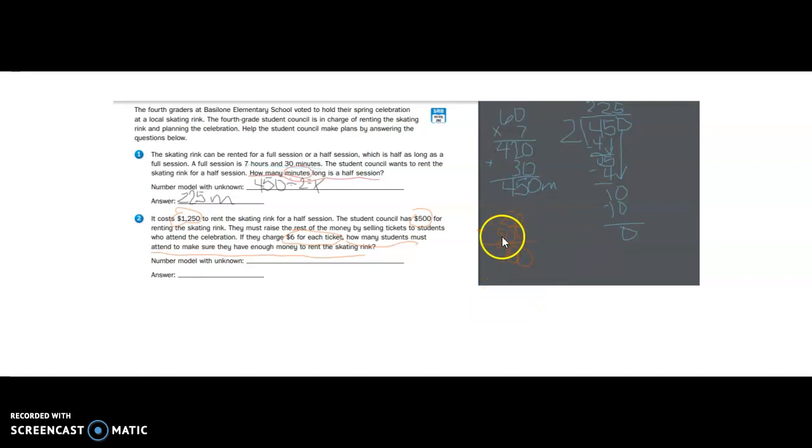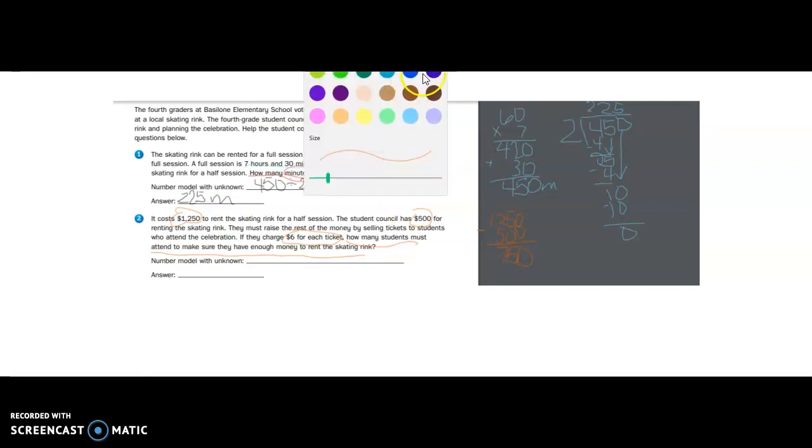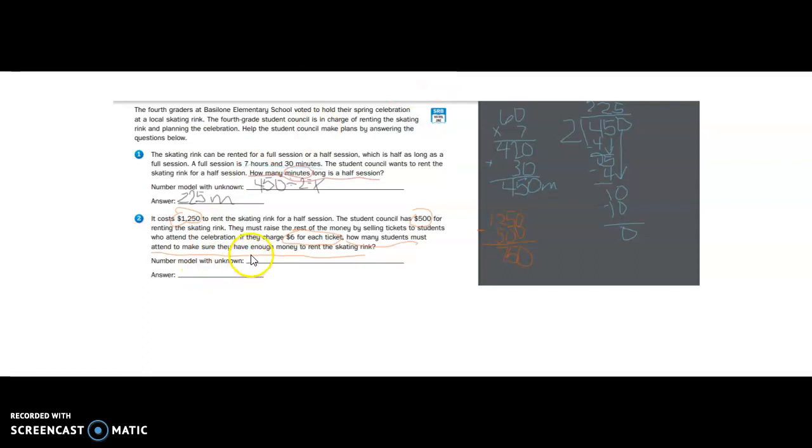So now we have to figure out if they need $750 and they're charging $6 per ticket, how many tickets are they going to have to sell? So what I'm going to have to do now is 750 divided by 6 equals x.